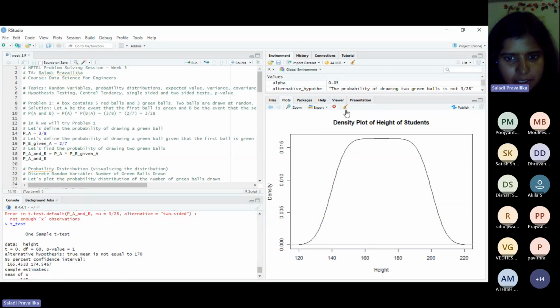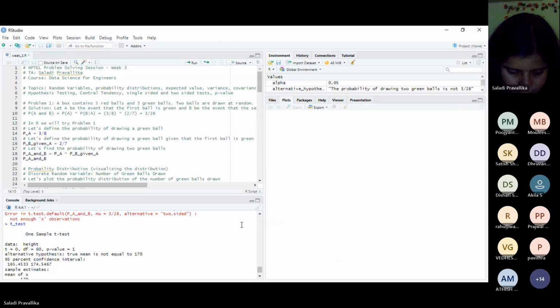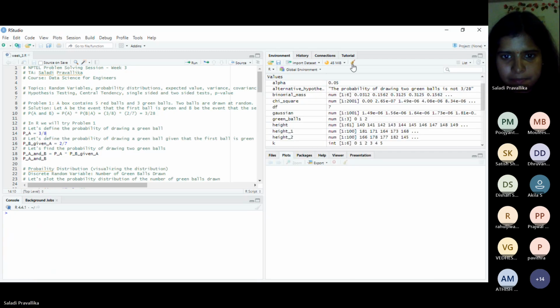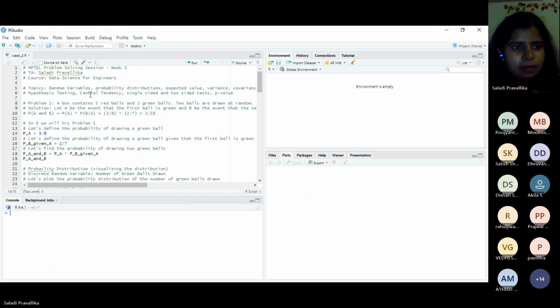Are you guys able to see? I'll clear everything. At the end, I'll share all of this with you. The questions, solutions, everything will be here. We know that P of A is equal to 3 by 8, right?